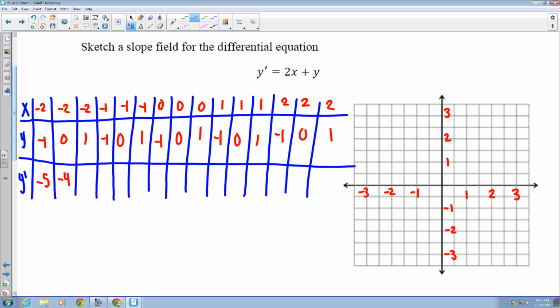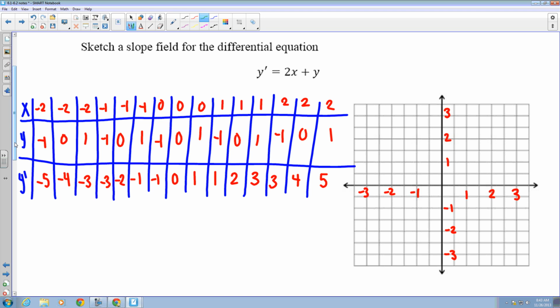And -2, 1 is -3. -1, -1 is -3. -1, 0 is -2. -1, 1 is -1. 0, -1 is -1. 0, 0 is 0 and 0, 1 is 1. 1, -1 is 2 minus 1, that's 1. 1, 0 is 2. 1, 1 is 3. 2, -1 is 3. 2, 0 is 4. 2, 1 is 5.